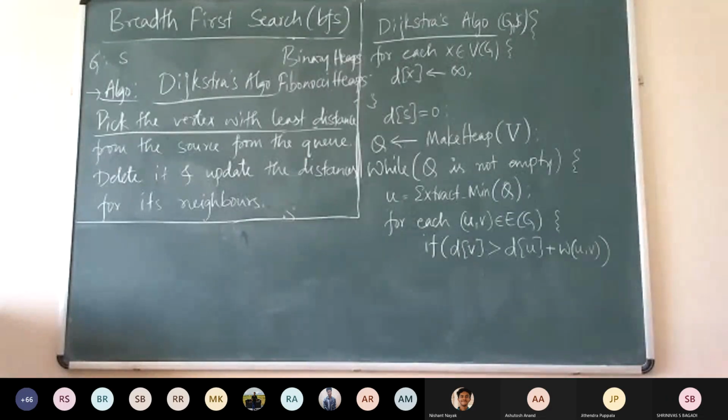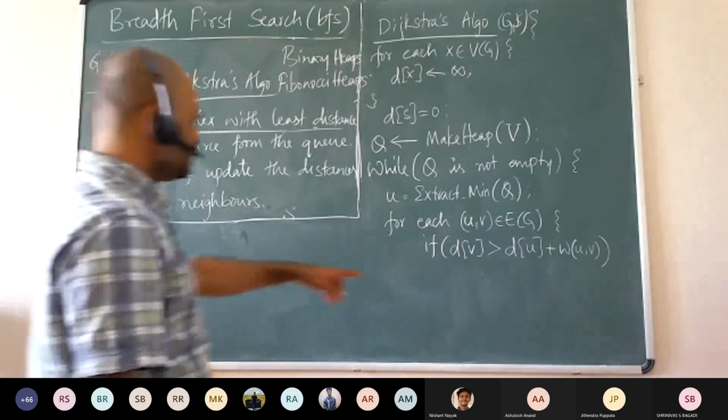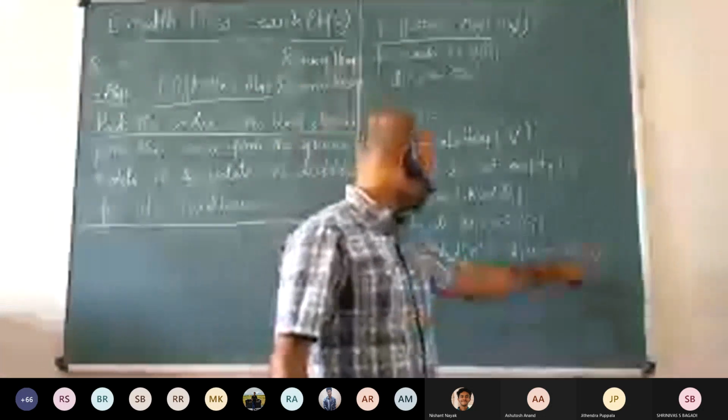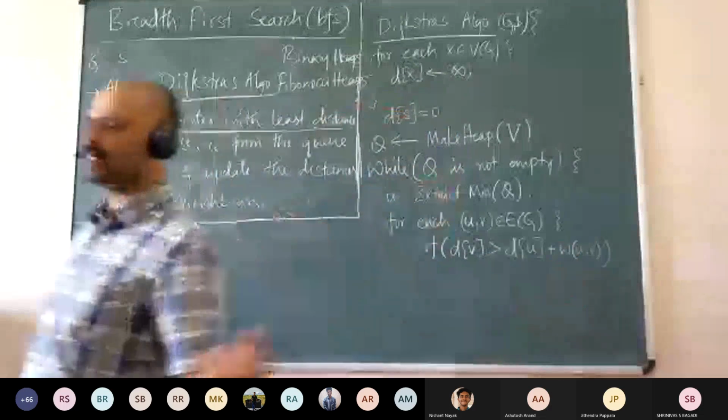If this is greater, it means that if you go from u and use this edge uv, you get a better distance.